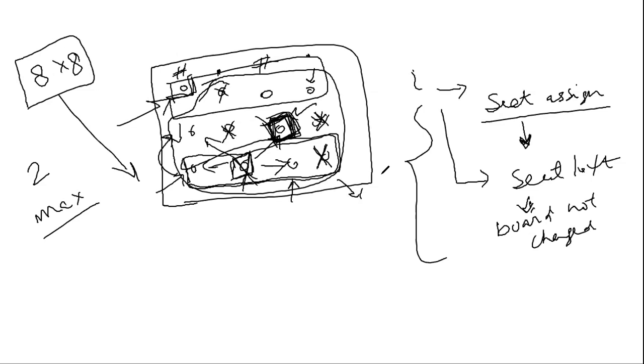So to optimize it, this is one thing which we have to use somehow. Yeah, so we only need to remember the previous row.